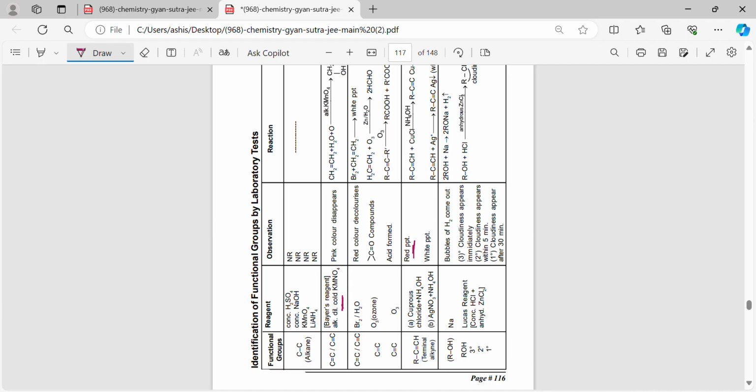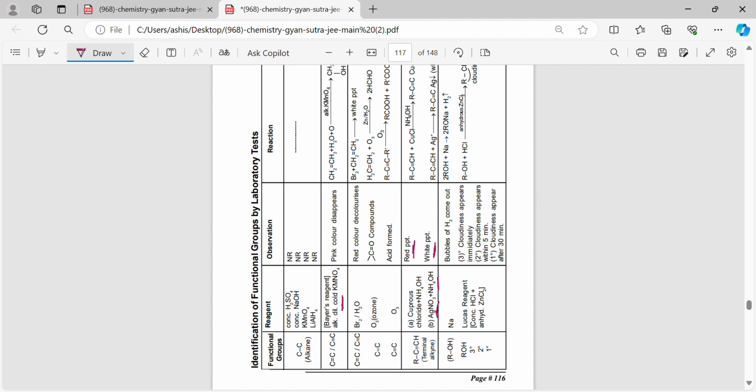A red precipitate will form, and with AgNO3 and ammonium hydroxide when reacting with terminal alkyne. Terminal alkyne means simply the alkyne in which the triple bond is present at the terminal position. So if terminal alkyne reacts with AgNO3 and ammonium hydroxide, a white precipitate will form.